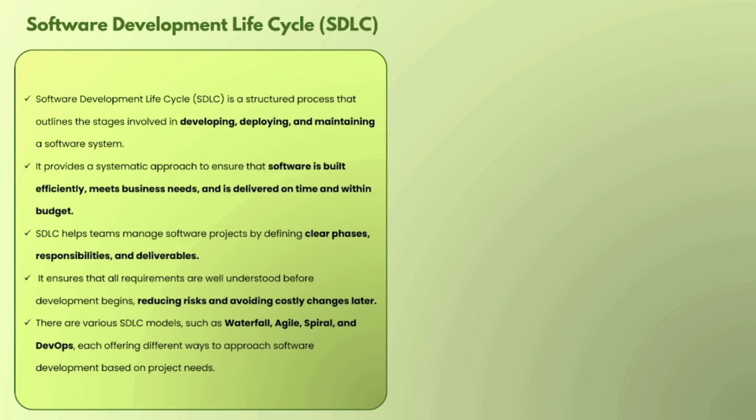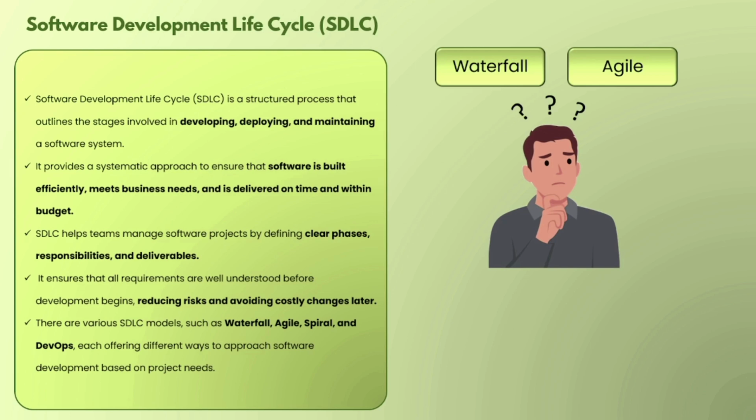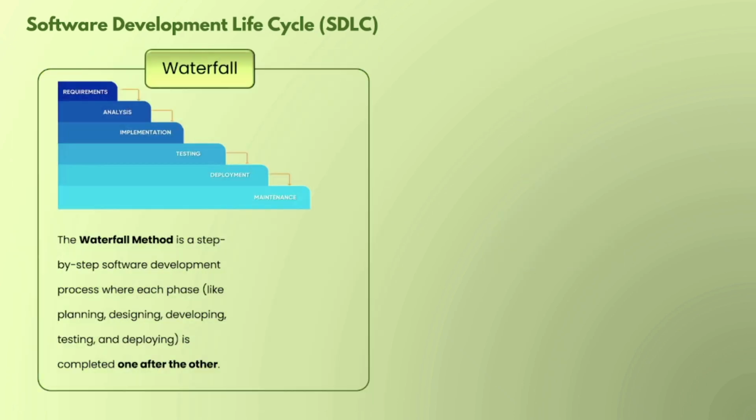Honestly speaking, I have worked only on waterfall and agile, and both methodologies are used in the maximum number of companies. So we'll just see what waterfall and agile are, and then we will move to the BA's role, how the BA is involved in the SDLC. So let's see what waterfall and agile are.